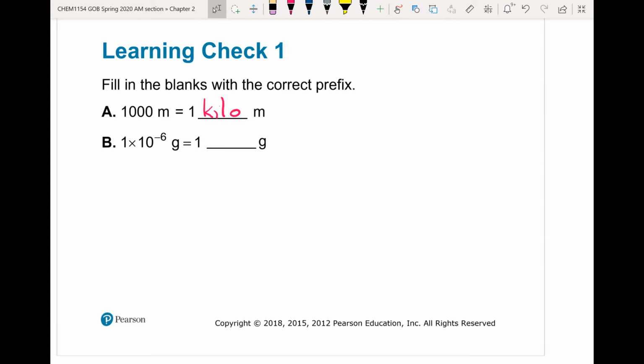A kilometer, or km. One times 10 to the minus 6 grams would be... Milli is 1/1000th. Micro would be the next one, right? So micro is mu. So it would be microgram.